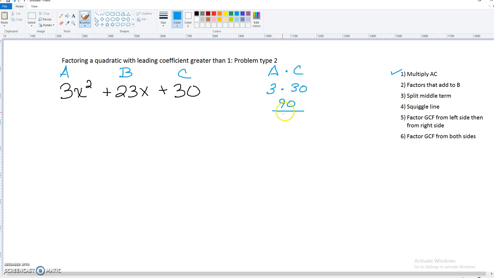Now we need to find factors. Well, we know 1 times 90 gives us 90. We also know, because we just did it, 3 times 30 is 90. And 5 times 18 is 90.